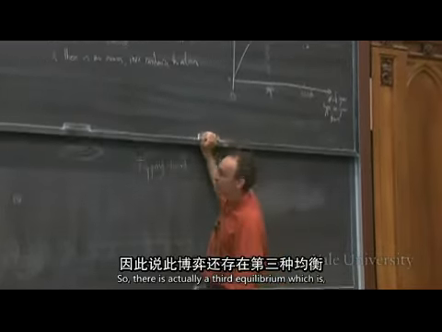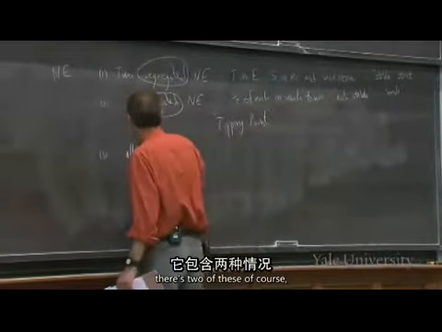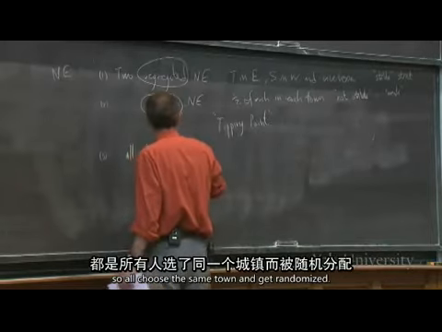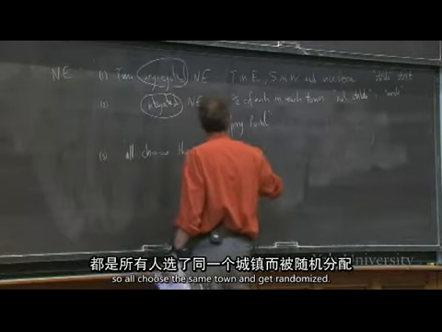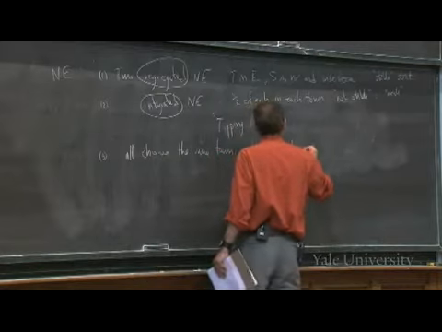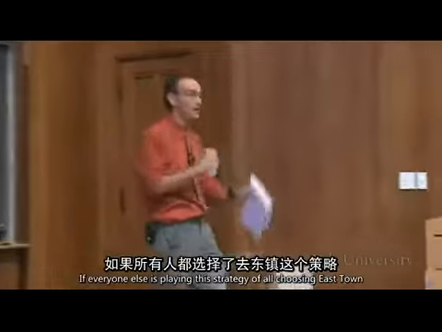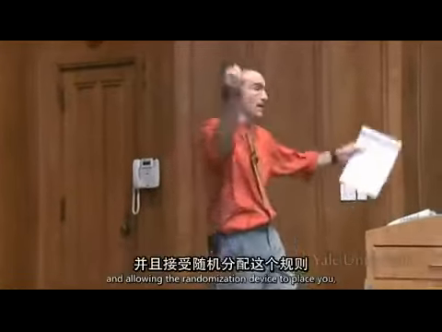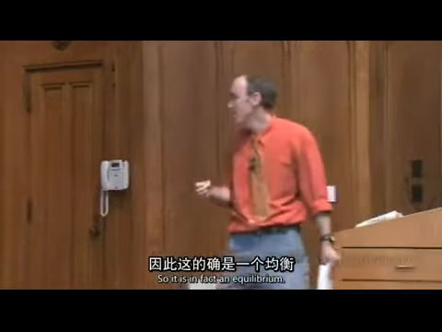So there is actually a third equilibrium, which is, there's two of these, of course, so all choose the same town and get randomized. And to check that it's in equilibrium, notice that if everyone else is playing this strategy of all choosing East Town and allowing the randomization device to place you, then you're completely happy to do the same thing. All right, so it is in fact an equilibrium.